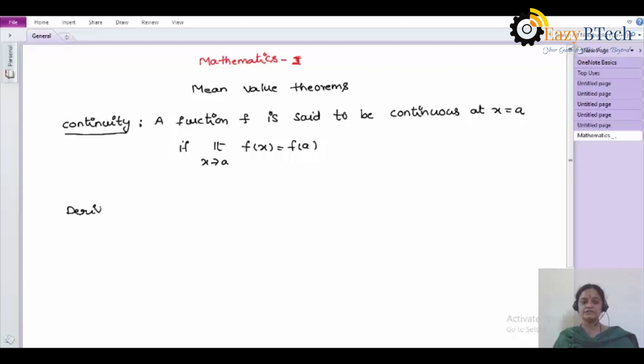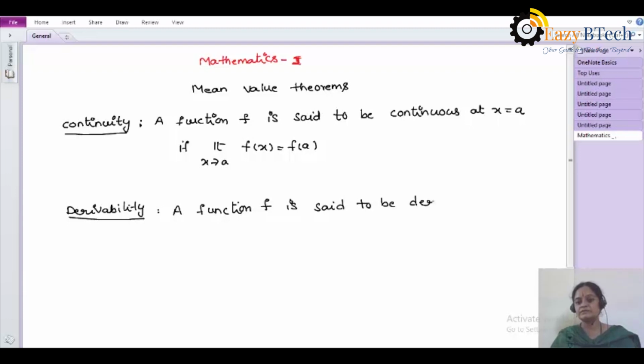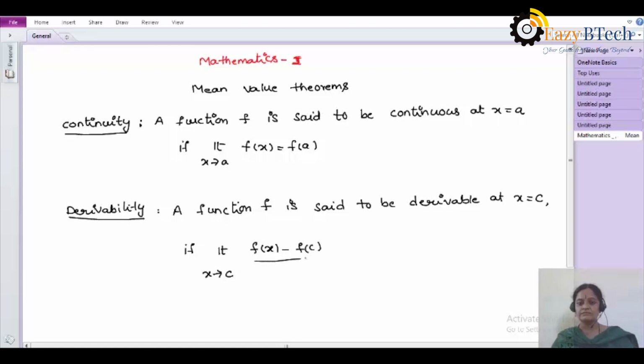And the second definition, derivability of a function. A function f is said to be derivable at the point x is equal to c if it satisfies the condition limit x tends to c, f of x minus f of c by x minus c exists.